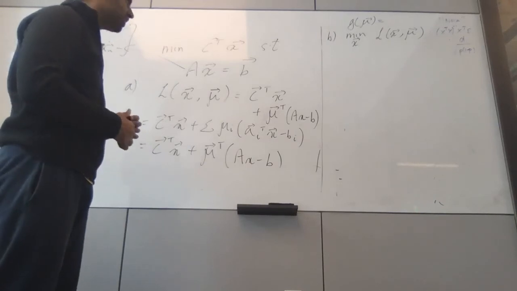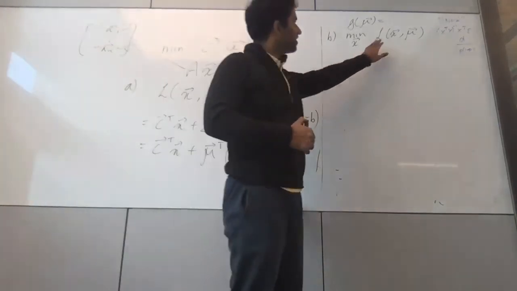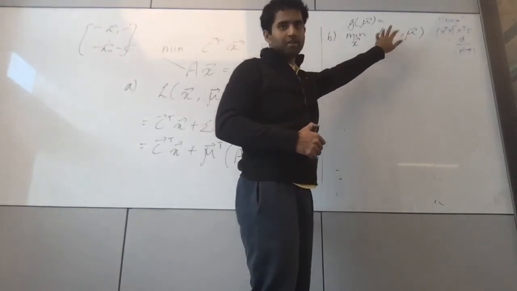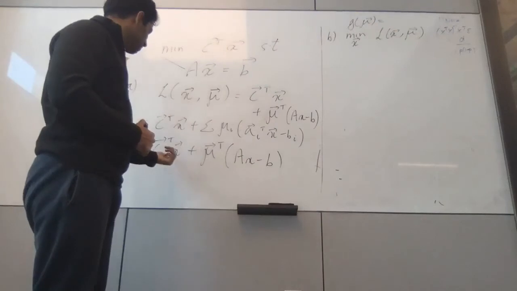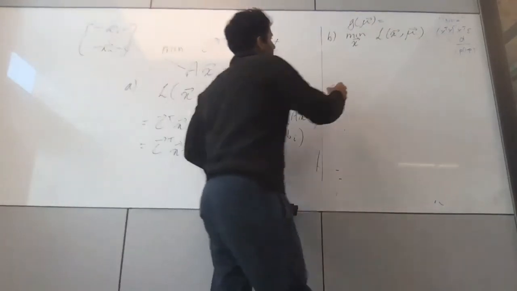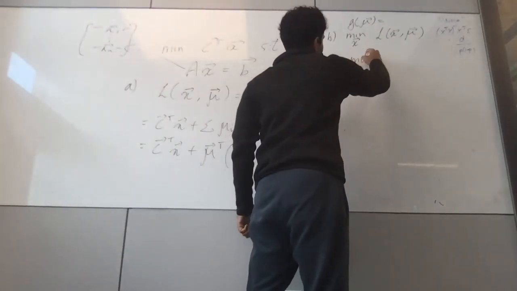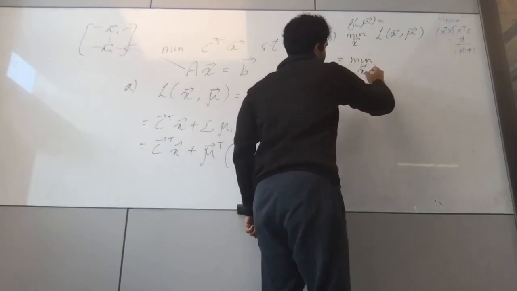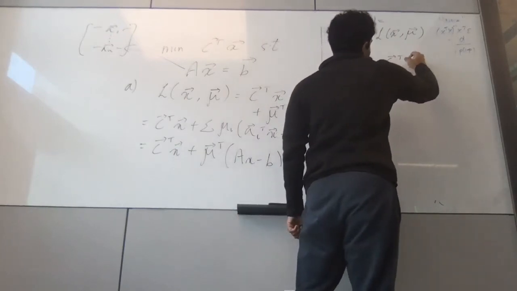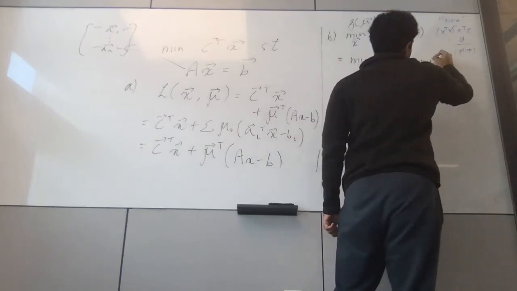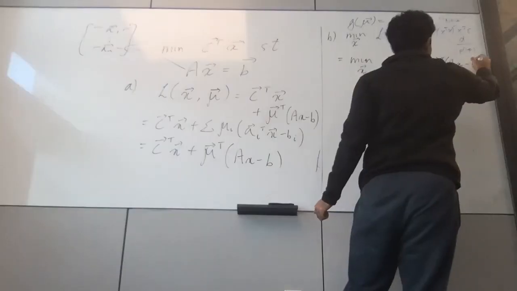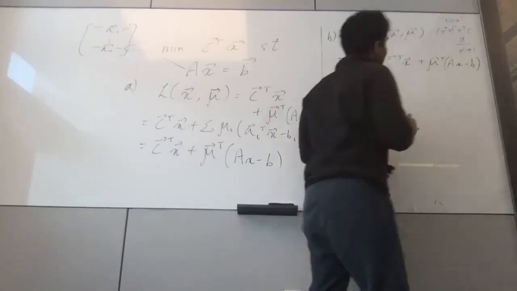So for the next part, you want to minimize the Lagrangian with a fixed mu with respect to x. So how do I approach this problem? Take the derivative with respect to x. Yeah, I can take the derivative with respect to x.